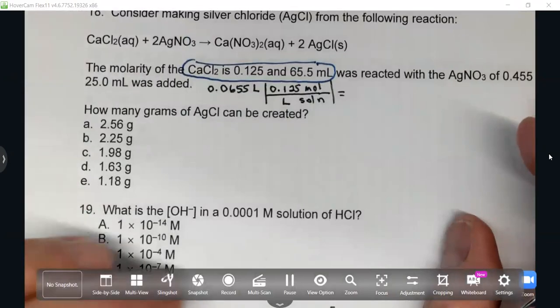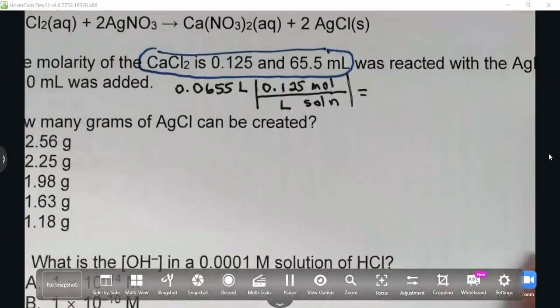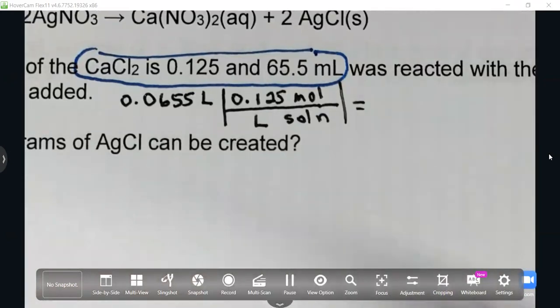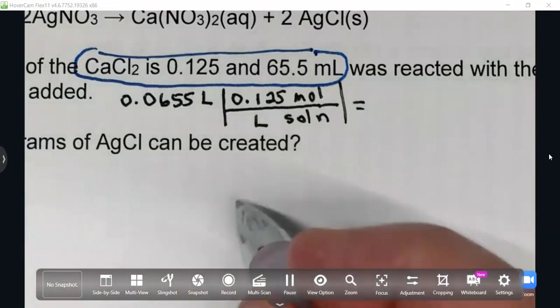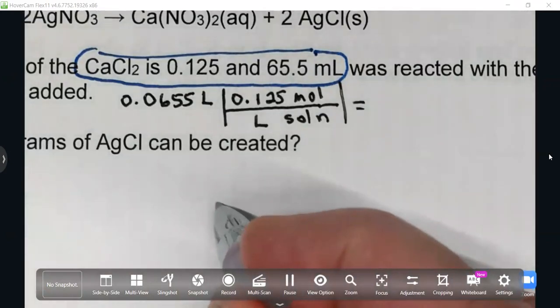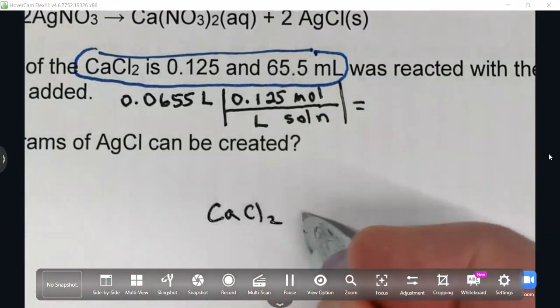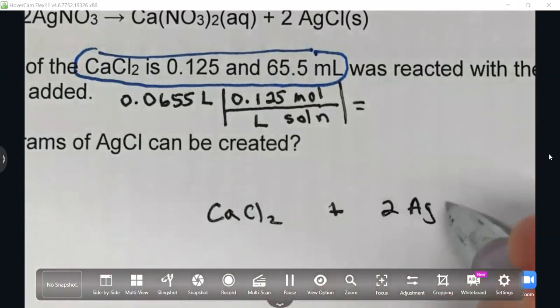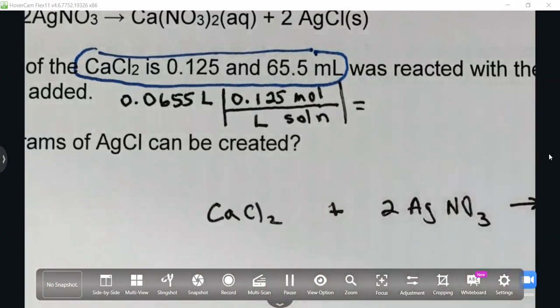Oops, come on here, blow that up, please. Sorry about that. I'm going to write this down below here where we got a little bit more room. I'm trying to calculate how many grams of AgCl can be created.